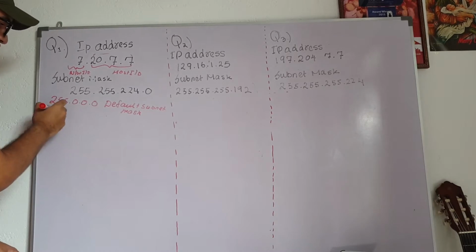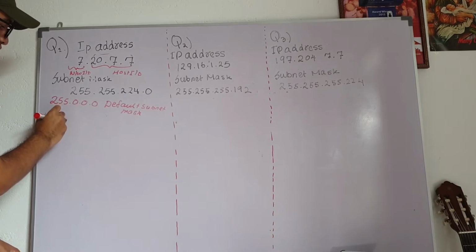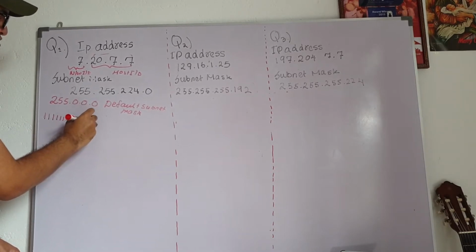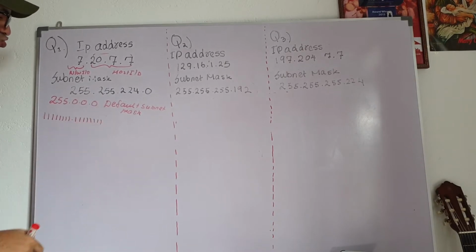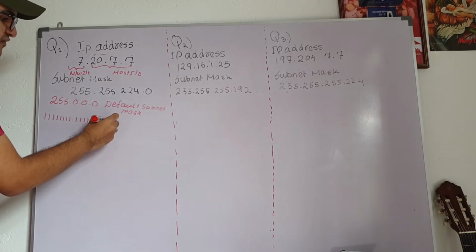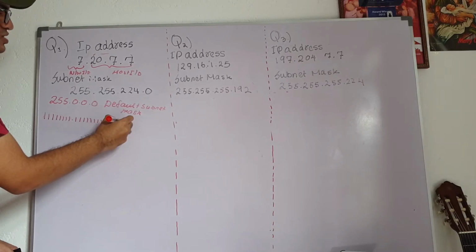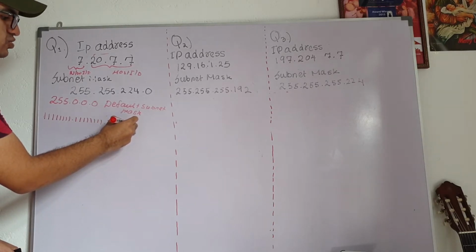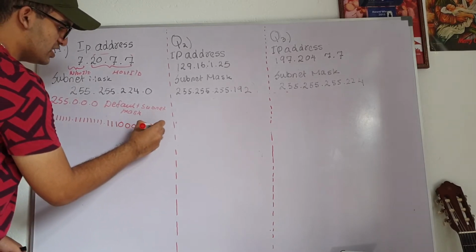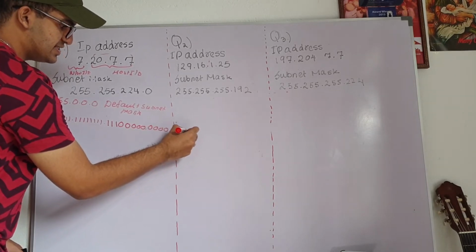This question mentions a subnet mask, and we should write it in binary format. 255 is written this way in binary format, and 224 is written as 128 plus 64 plus 32, followed by zeros.